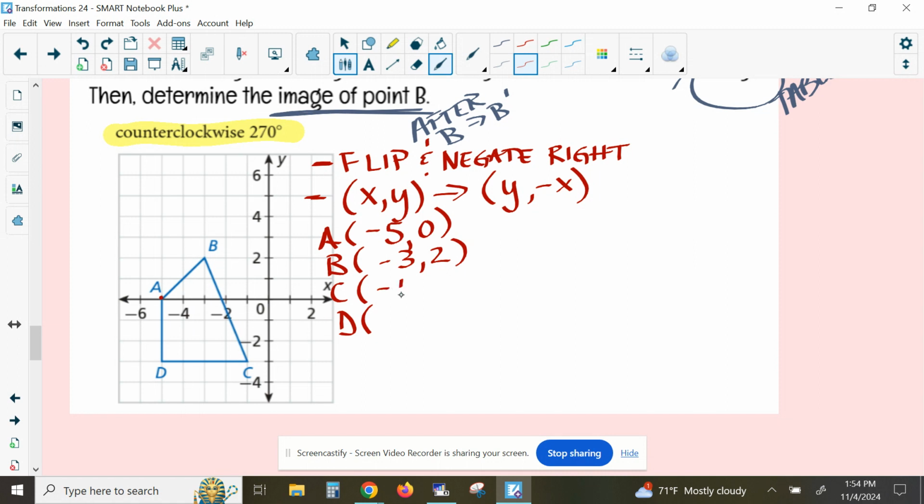Negative 1, negative 3. Are these all good so far? What are the coordinates of D? Negative 5, negative 3. Okay. So obviously you've got to start with the coordinates because we got to do what it says in the table.